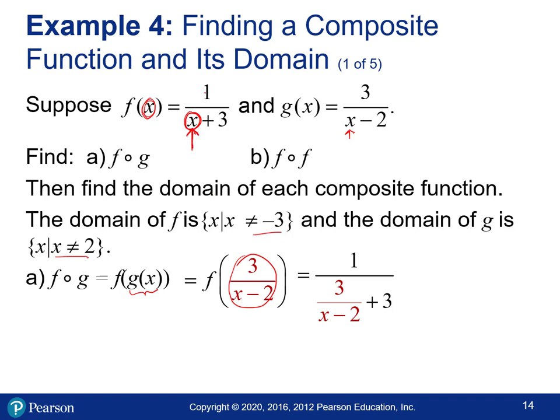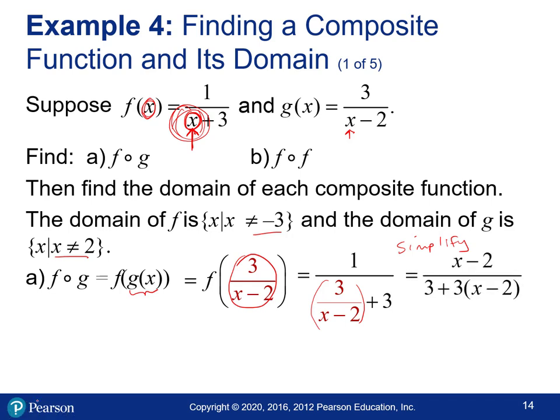So notice I have 1 on top, a fraction bar, and on the bottom what used to be x plus 3. This right here took the place of x. And now the rest is to simplify. That was the hardest part, knowing that I'm plugging in right in this spot.